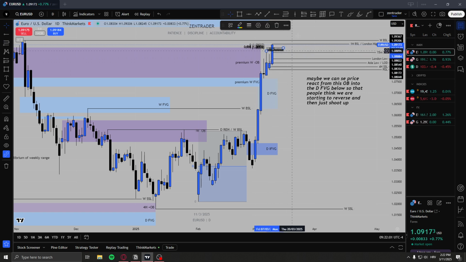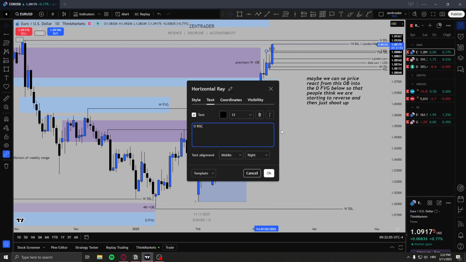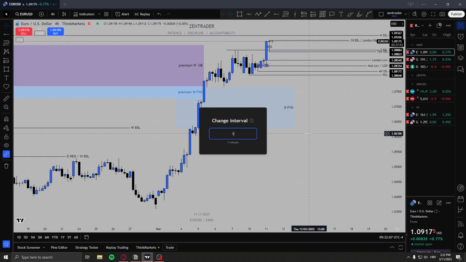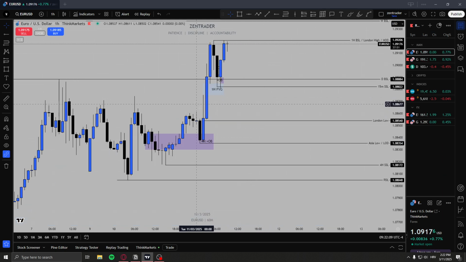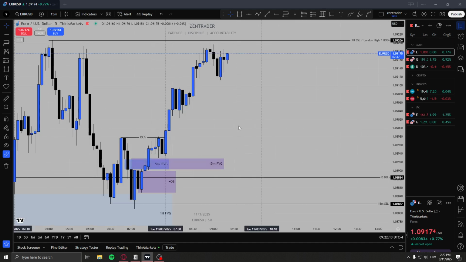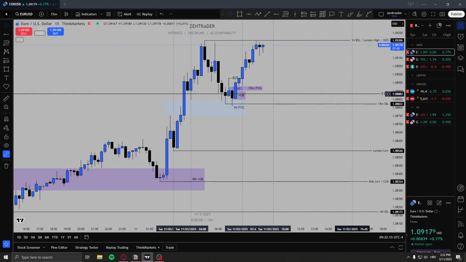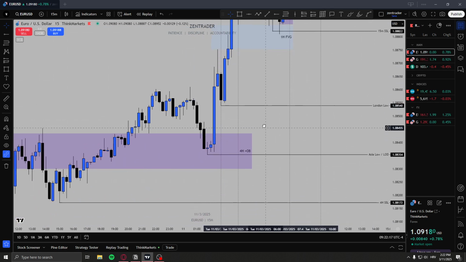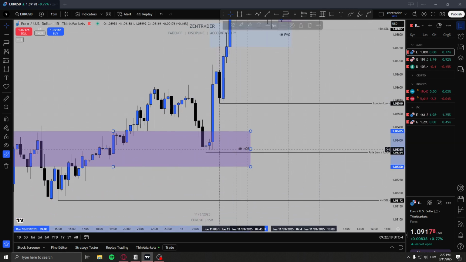The daily buy set was right here, the swing high. Let's see what we should have done in this case. We see price move lower into the 4-hour order block, and we see price taking out this pool of liquidity right here.